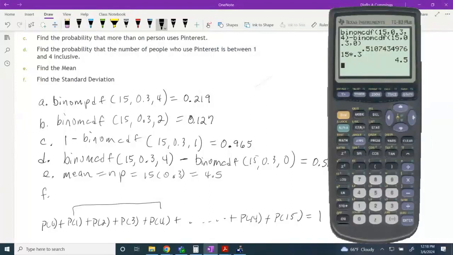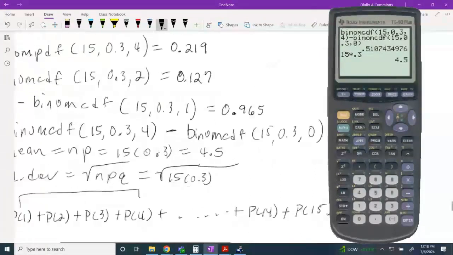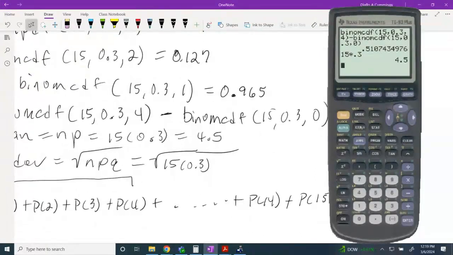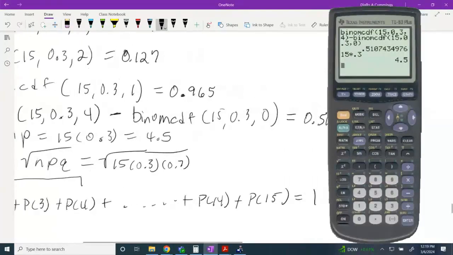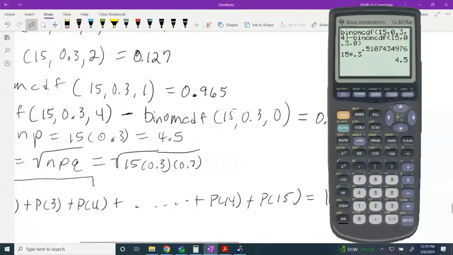And then the standard deviation is the square root of N times P times Q. So that's 15 times 0.3 times Q, which is 0.7, right? Because 1 minus 0.3, that's where that 0.7 comes in.